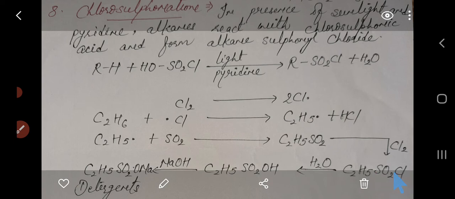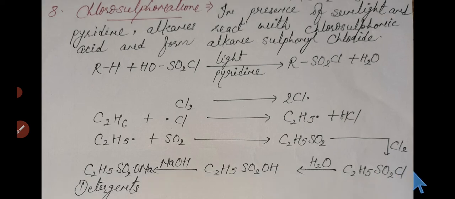This alkane sulfonyl chloride reacts with water, and this Cl is substituted by hydroxyl group, C2H5SO2OH is produced, which on reaction with NaOH gives the sodium salt, sodium alkane sulfonate, which is used as detergents.